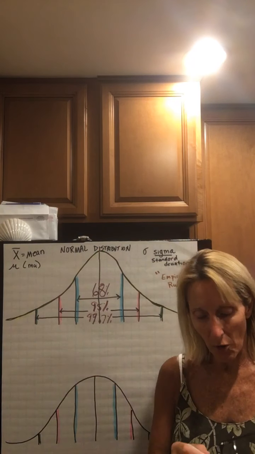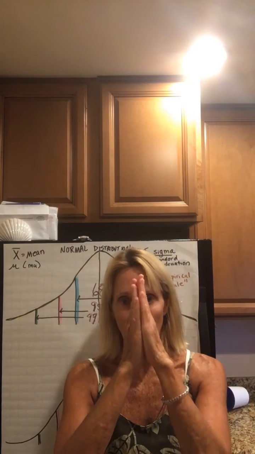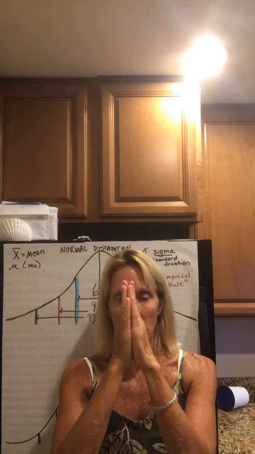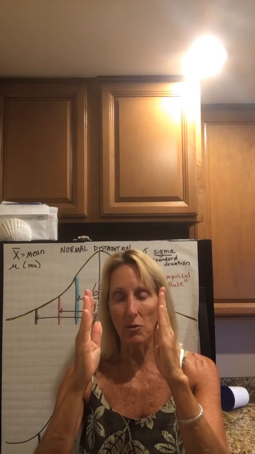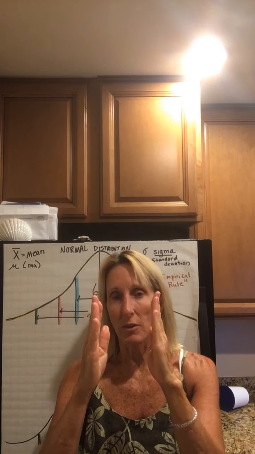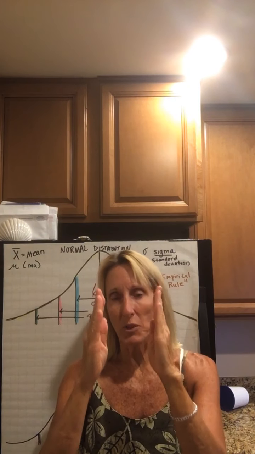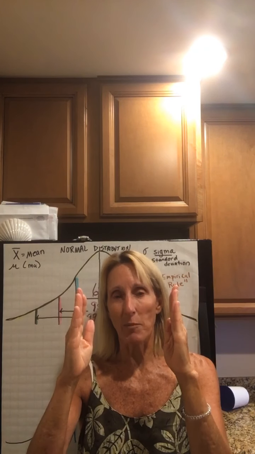So this is called the empirical rule. If this is your mean, your average right here, 0, and then you go from here to here, this is where most of your data lies, 68%. And then you go to here, that's 95%.